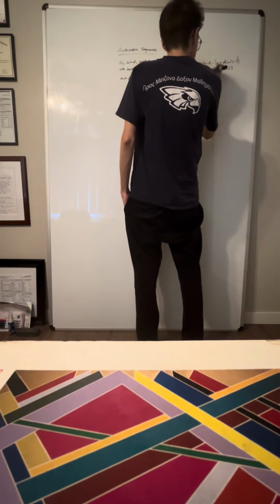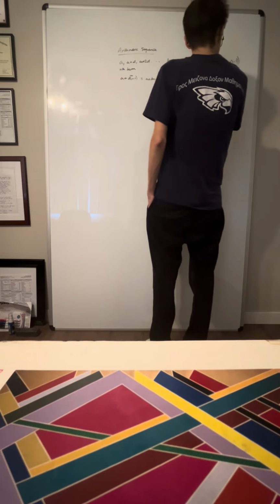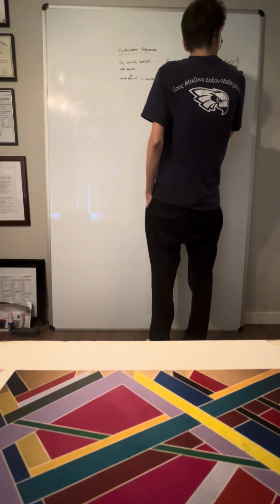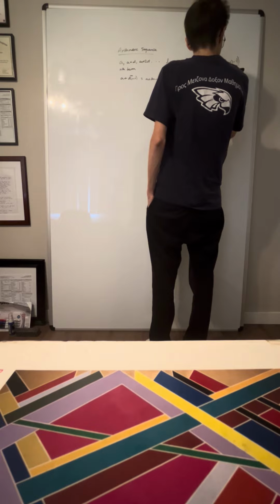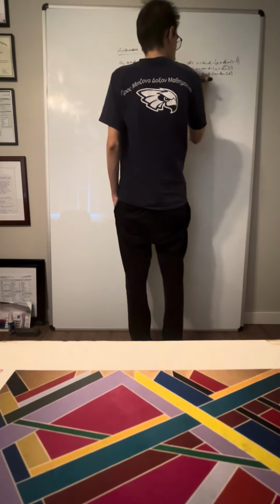equals a plus dn minus d, and then we're gonna multiply this out, so minus a plus dn minus 2d, and now what do we have?